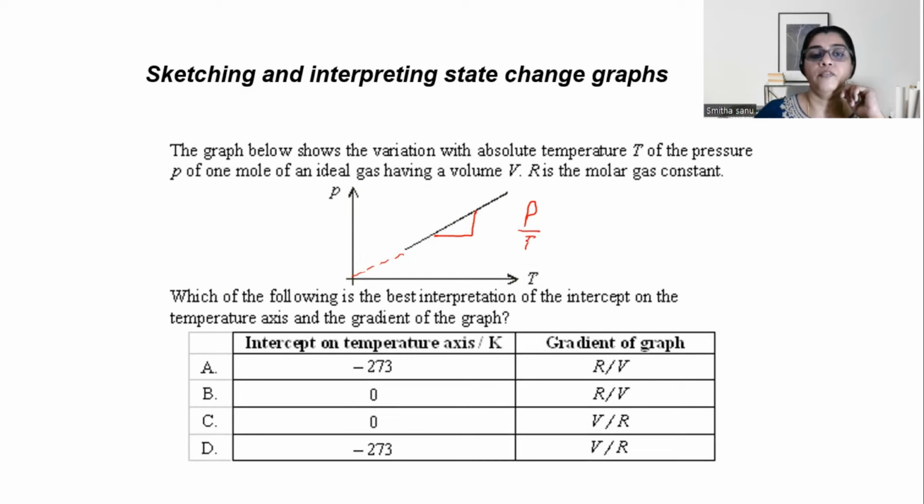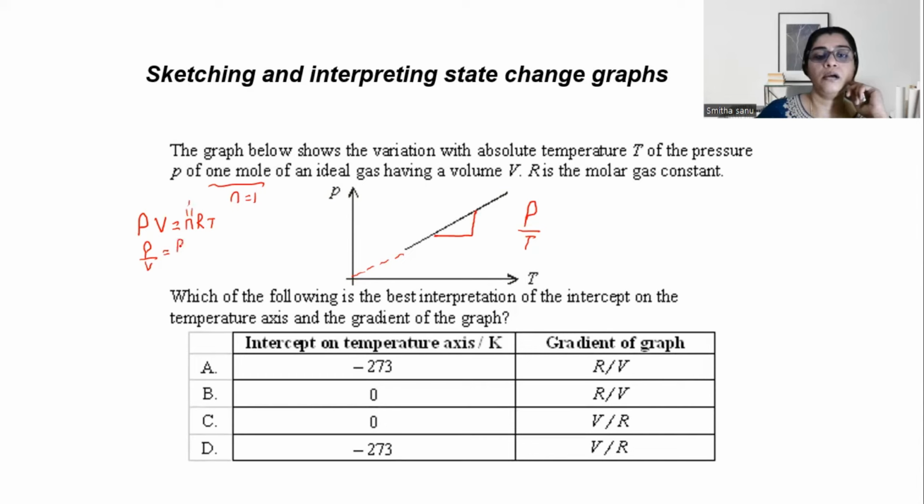If I have 1 mole of an ideal gas, it means n is 1. Use the ideal gas equation PV equals nRT. Rearrange to have P over T as the subject. n is 1, so equate this as 1.